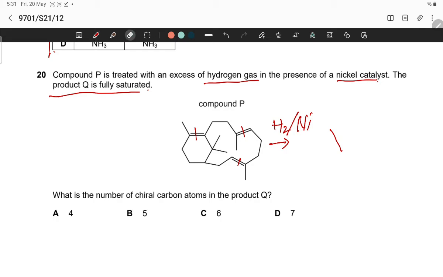So the compound is like this. This is the compound.